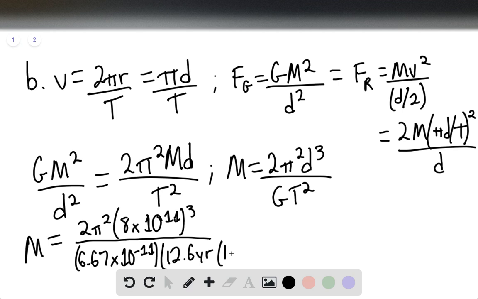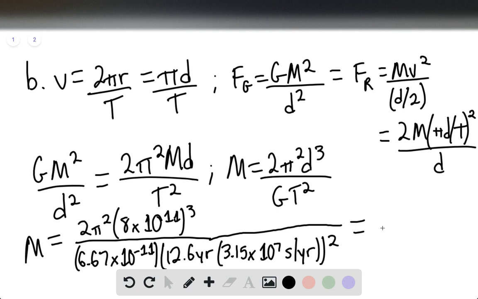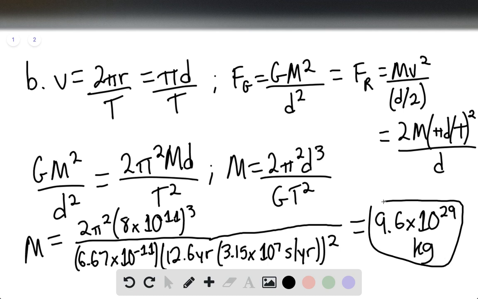And then there are 3.15 times 10 to the 7th seconds for every year. And then we're going to square the period as well. So this is going to be equal to 9.6 times 10 to the 29th kilograms. So this would be the mass of each of the stars.